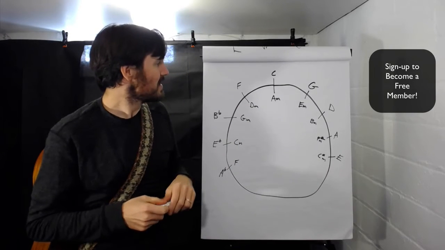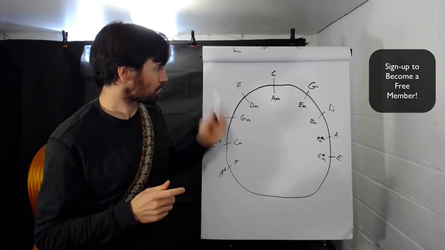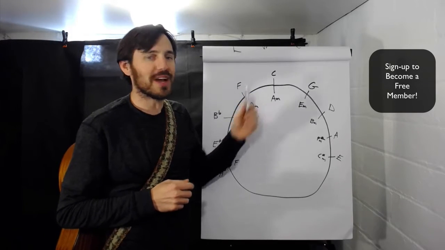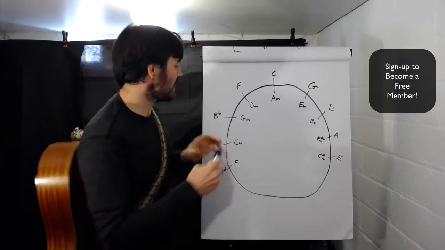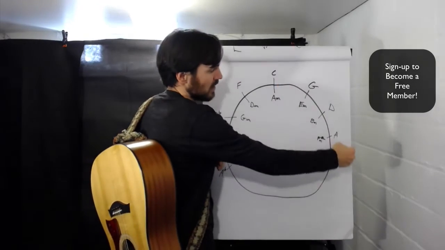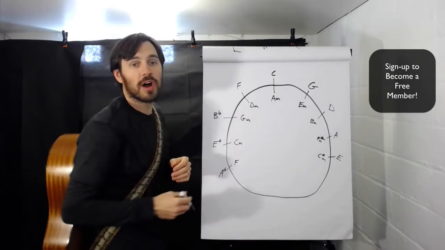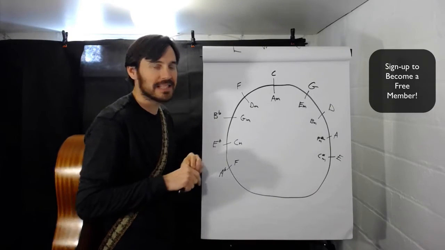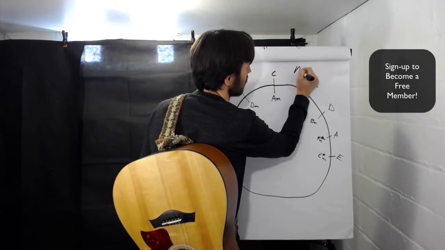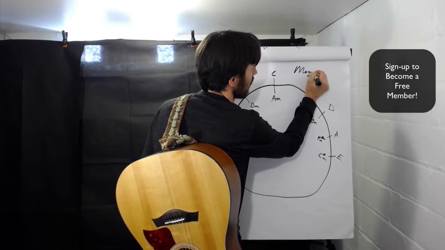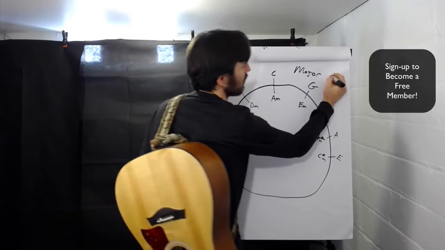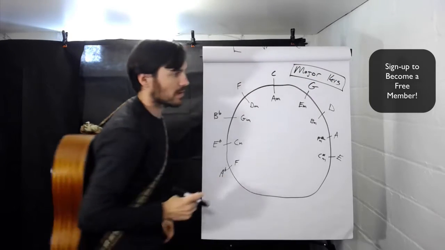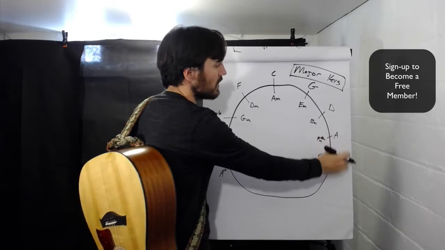So the circle of fifths, one of the ways to explain it: the keys out here, or these notes on the outside of the circle, are the major keys. We think about this as keys. Major keys out here: C major, G major, D major, A major, E major.